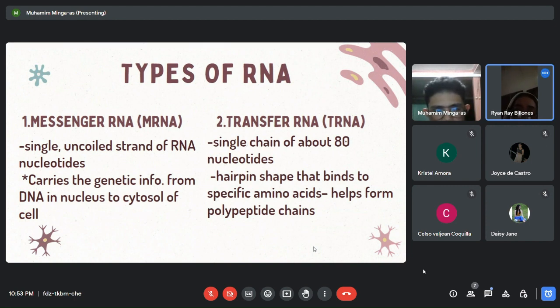The second one is transfer RNA. The primary function of tRNA is to bind to a specific mRNA codon and then transfer an amino acid to the chain being created in the ribosome. The last one is next, please.